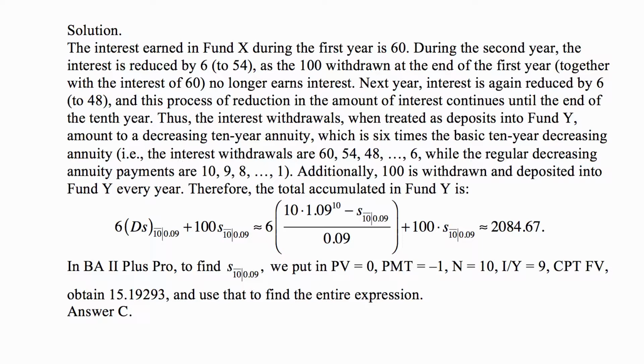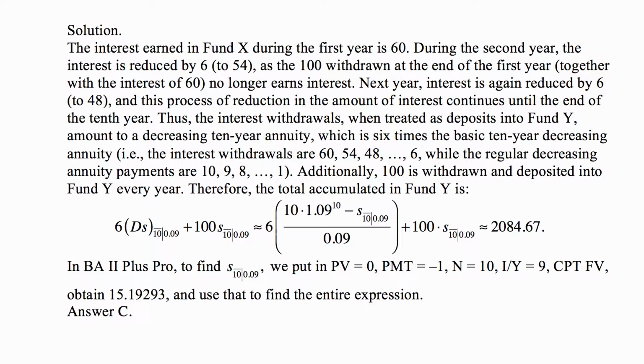Note that the only thing that is kind of confusing, or not really confusing, we have a formula for it, but it is actually a bit faster to calculate it, is the accumulated value of a level unit annuity immediate over 10 years at 9%, so S angle 10 at 0.09.